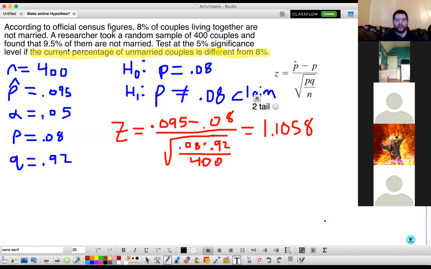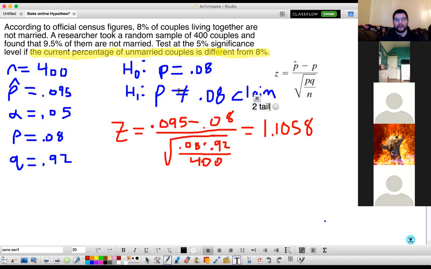Alpha will give us our critical values. Okay, we got a couple. H1. Yeah, I think Joe meant H1. So yes, we always look at our alternative. This alternative tells us our tails.